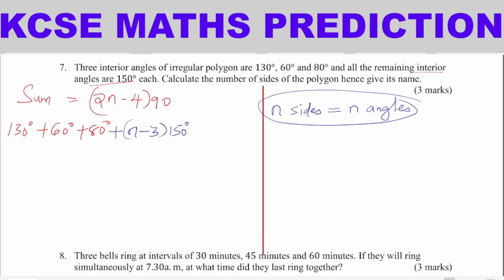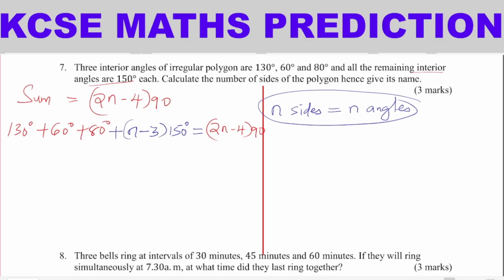Now that shows the sum of all the interior angles of this irregular polygon. So 130 plus 60 plus 80 plus all the other remaining angles, that is n subtract 3, each of them 150, and this should give the sum, and the sum is 2n minus 4 right angles. So when you solve these now, we get n, which will give us the number of sides.